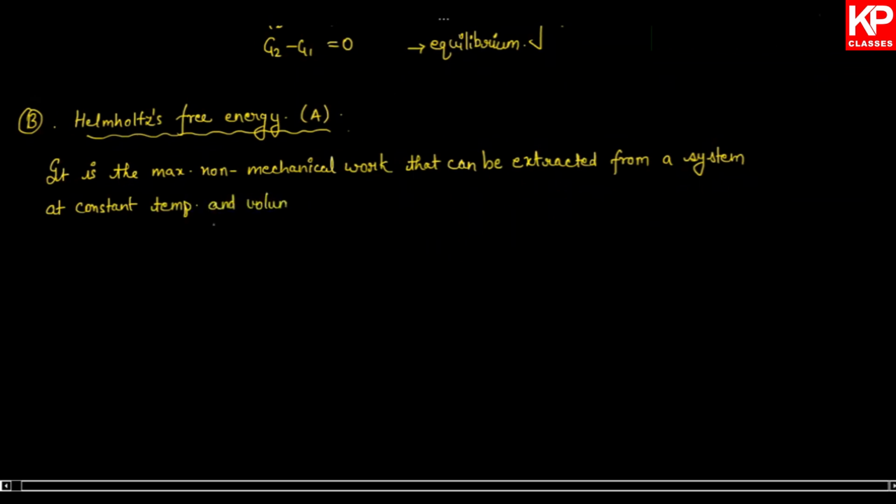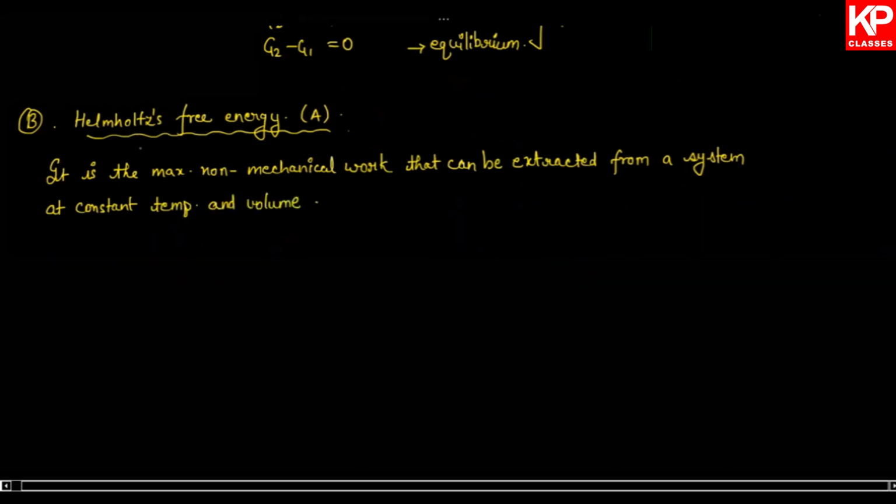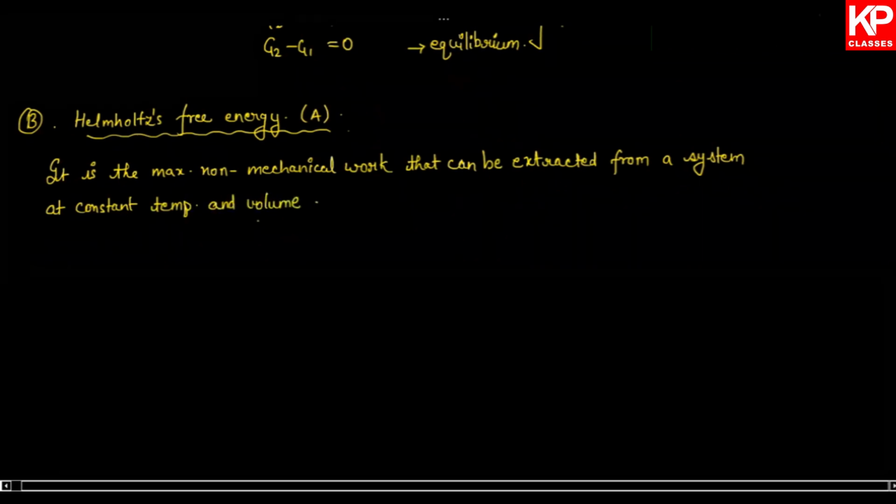So Gibbs free energy was at constant temperature and constant pressure, and Helmholtz free energy is the maximum non-mechanical work that can be extracted from a system at constant temperature and volume. Note this down.